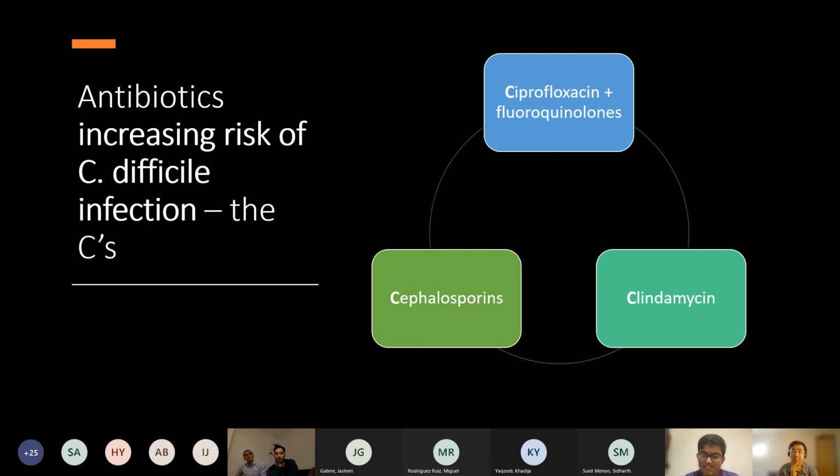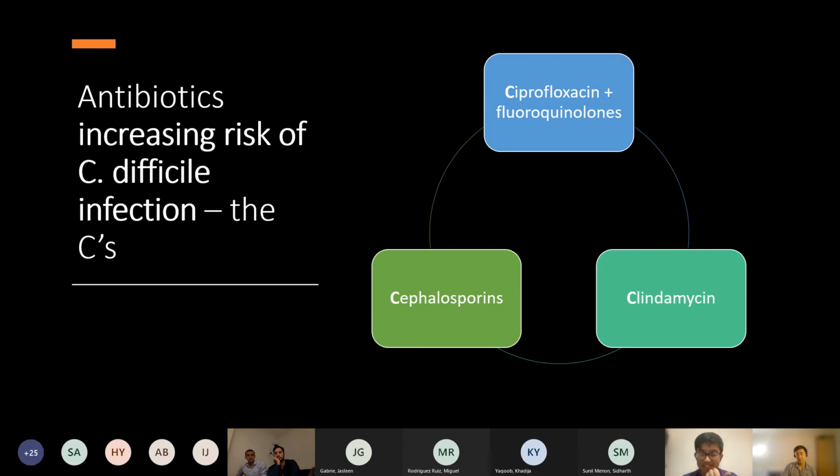Antibiotics that increase the risk of C. diff infection can be remembered by the letter C, but unfortunately it's not every single antibiotic beginning with C, which makes this a less useful way of remembering it. But does anyone know which ones in particular? As a general rule, things that are broad spectrum increase your risk of C. diff infections because they kill off all of your normal gut flora.